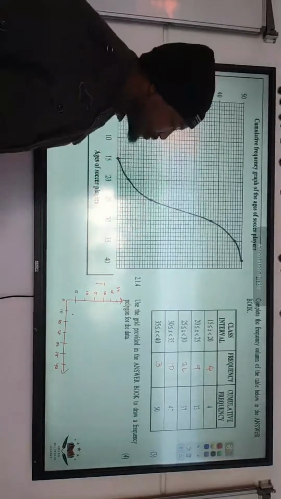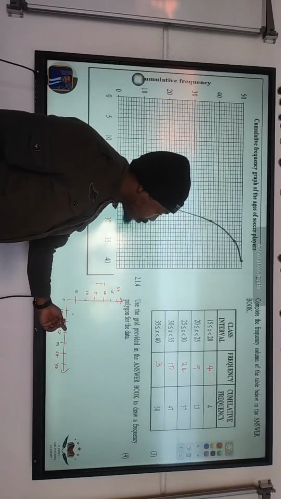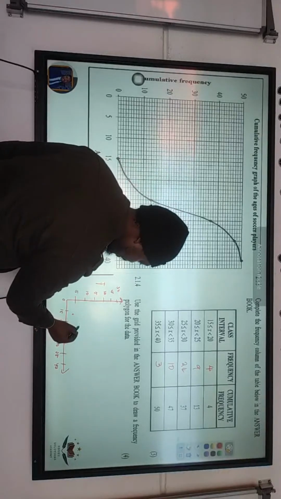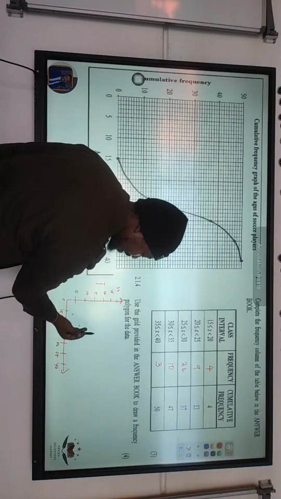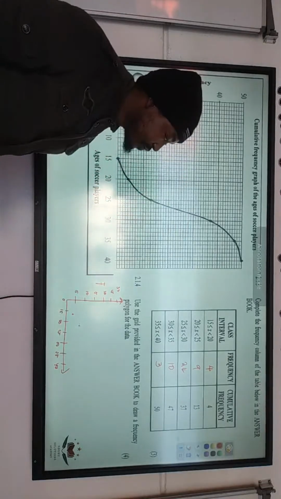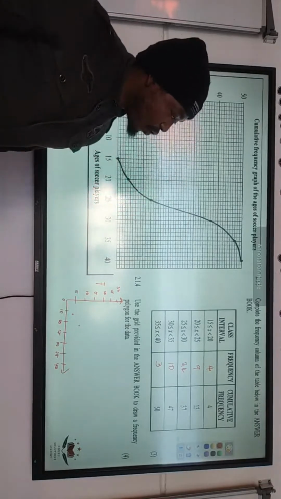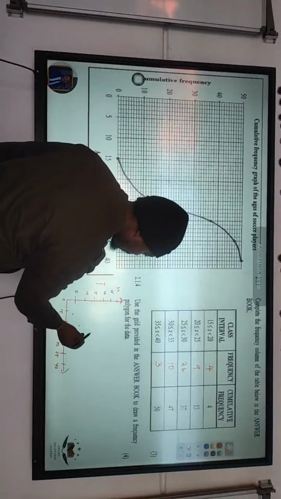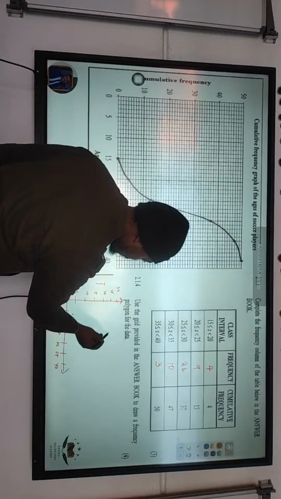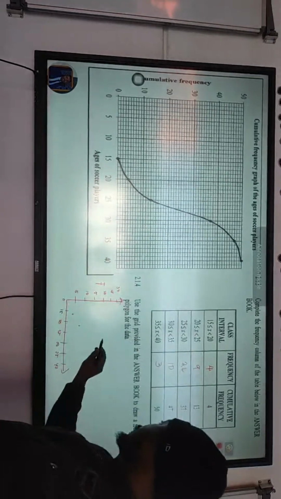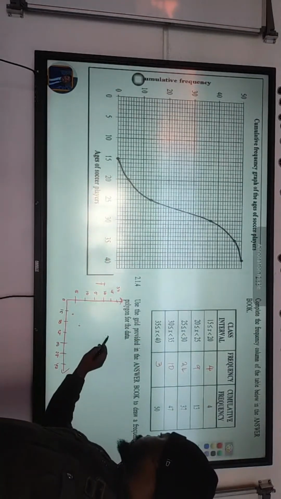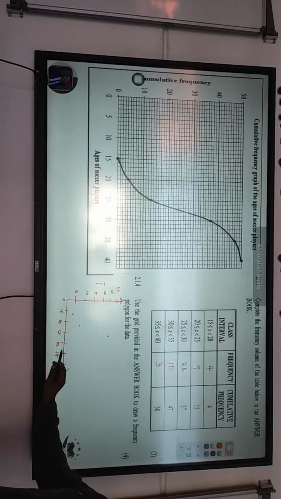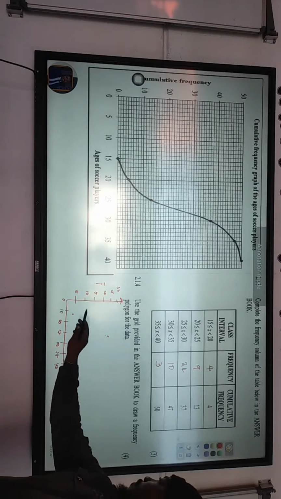And then the second one between 20 and 25 was 9, close to 10, just in the middle of the interval. And then for 25 and 30, it will be 24, almost at 25. And then for 30 and 35, it will be at 10.